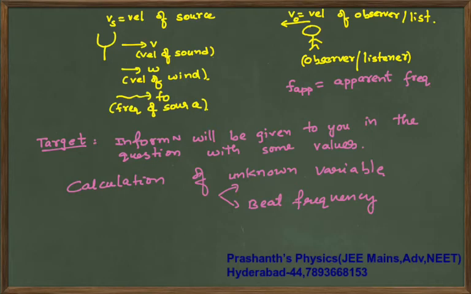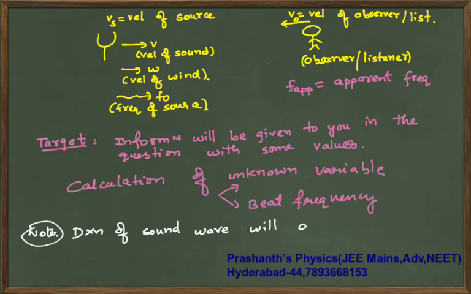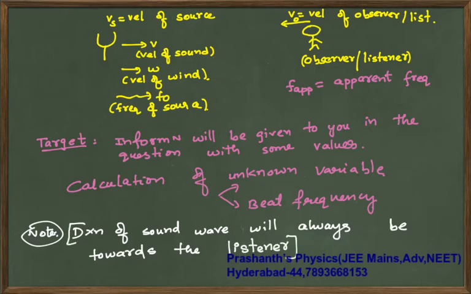So this is the terminology I am going to use. And remember the direction of sound: the direction of the sound wave will always be towards the listener. So please do remember this.